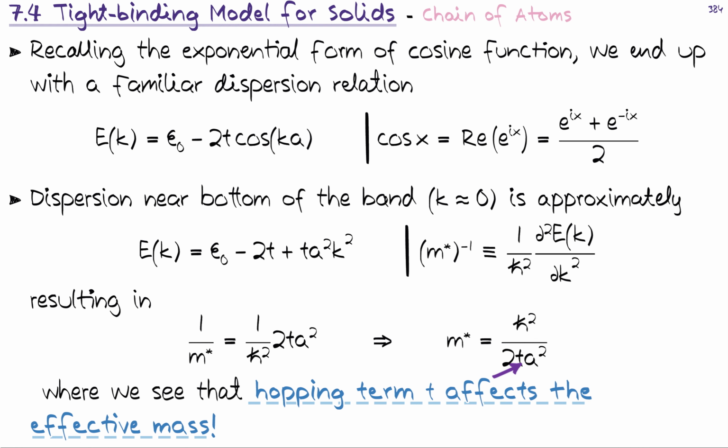If we would move to a different material, and the lattice constant a changes, then subsequently things should change in terms of the effective masses. And for example, if you could physically argue that the hopping term should be the same in different atoms, in different solids, we would know that the effective mass would be changing accordingly.